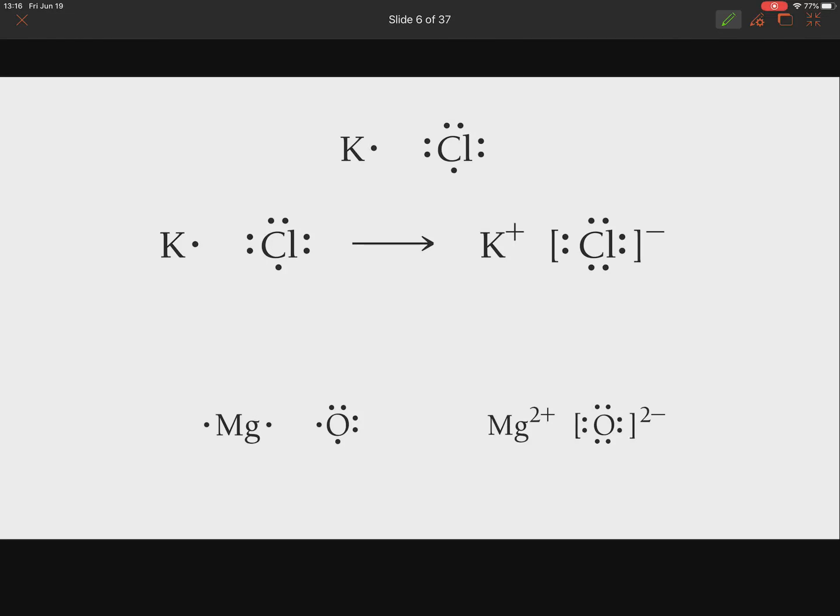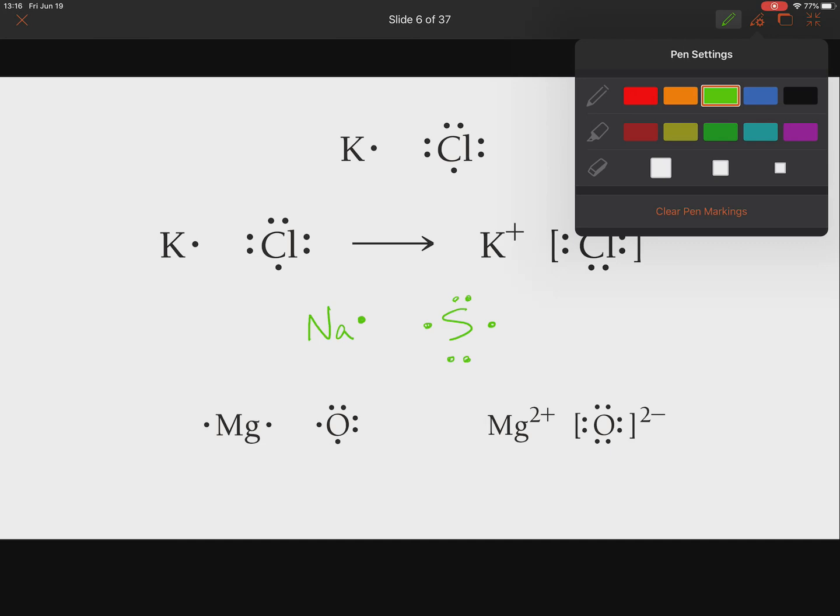We can do sodium and sulfur. Sodium is column 1, and sulfur is column 6. Now, you can see that the sodium only has 1 electron to give, and yet sulfur needs 2.